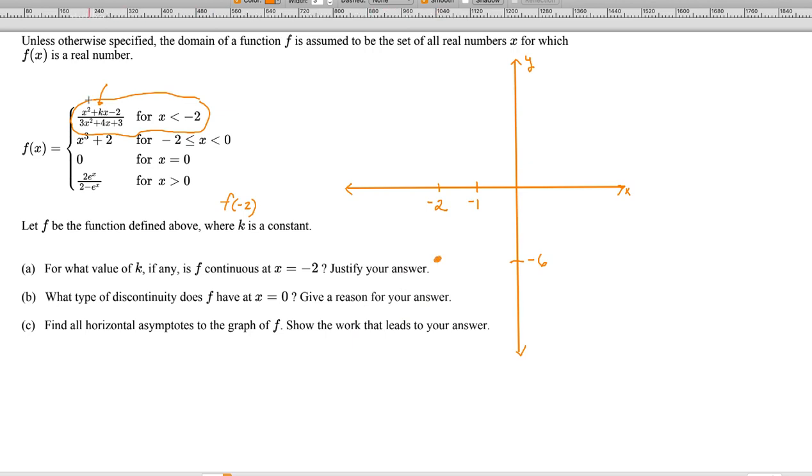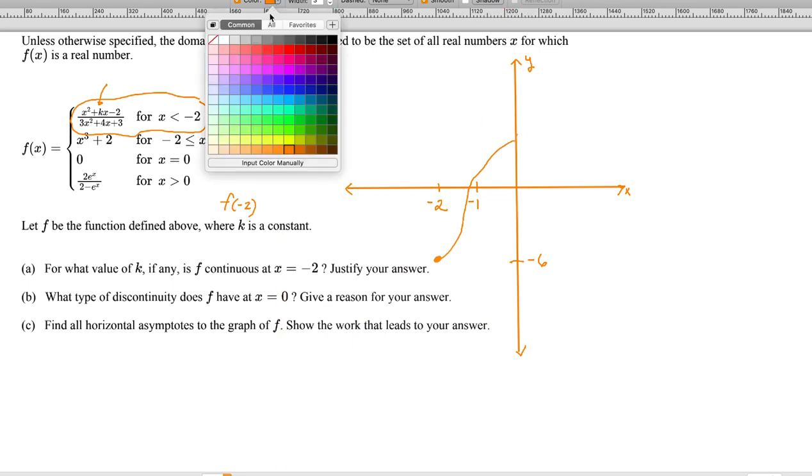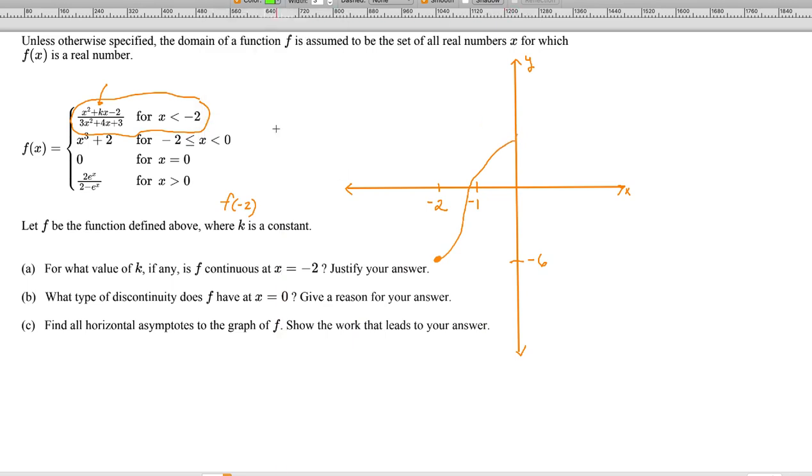And basically now I do this function all the way to 0, so it's going to go up to 2 right here at 0. This hollow dot is at the value 2.